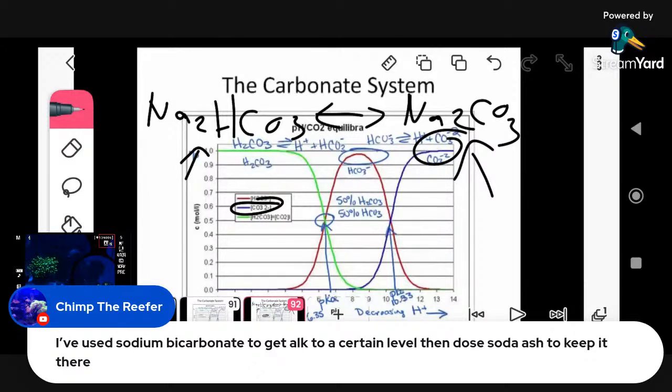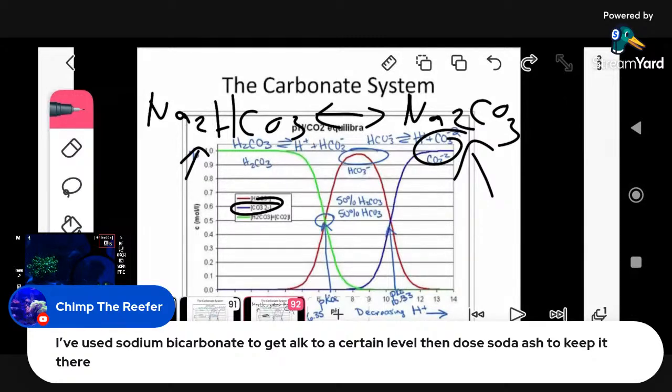So what Chimp is adding right here, as you see on the display, is this to his water. And then this part of the equation right here is the acid. I had to think about that.